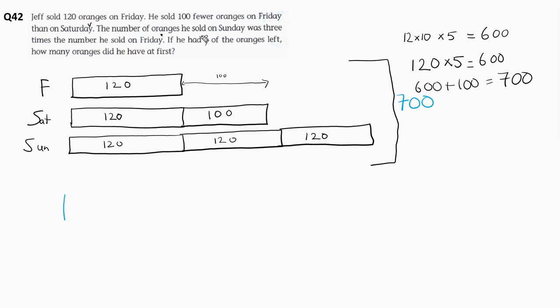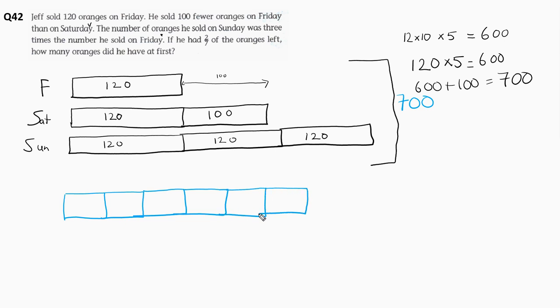I'm going to draw a bar of sevenths. So that's 1, 2, 3, 4, 5, 6, and 7. This is all of the oranges.